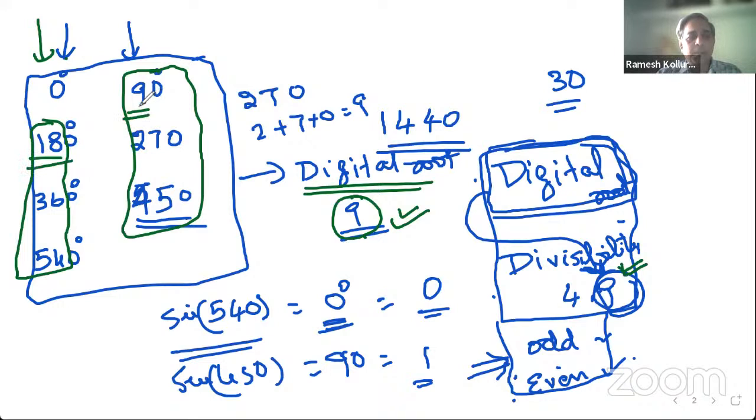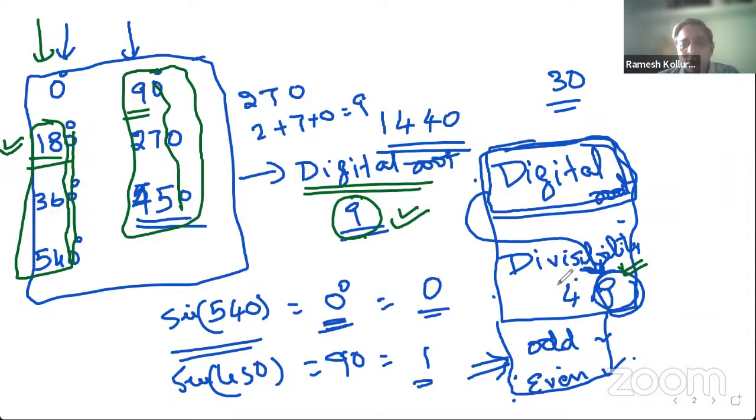If it is an odd number, then it is 90 or 270, something like that, right? I'm ignoring the last 0 and observing whether the number is even or odd. If it is an even number, it is 0 degrees. If it is an odd number, it is related to 90, 270, like that, right? I hope everyone is clear till this point.